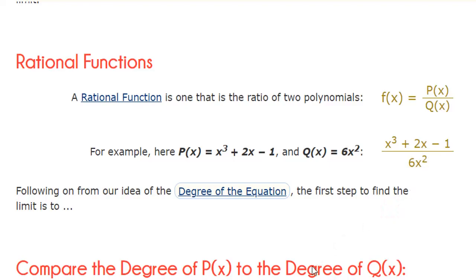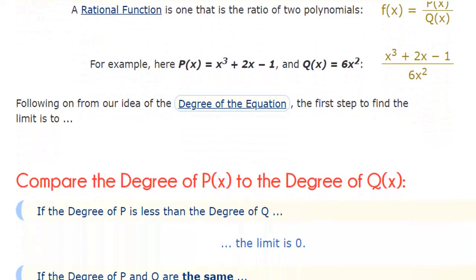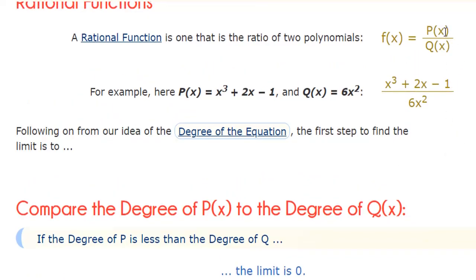Okay? So first scenario we have here, when the degree of p is less than the degree of q. So meaning ang degree sa numerator daw less than sa degree sa denominator. So if ingana ang case, the limit is 0. Okay?